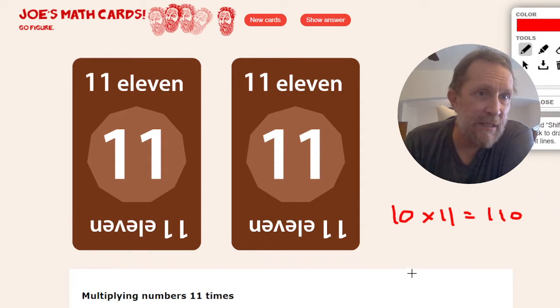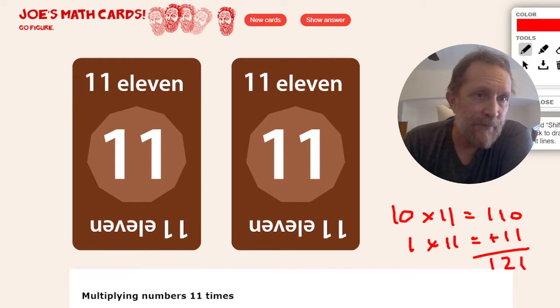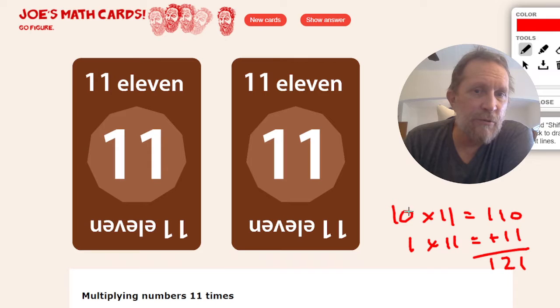I get 110. 1 times 11 is, of course, 11. I just add these up. I get 121. So a good way of doing 11s is to do 10 times my number and 1 times my number.